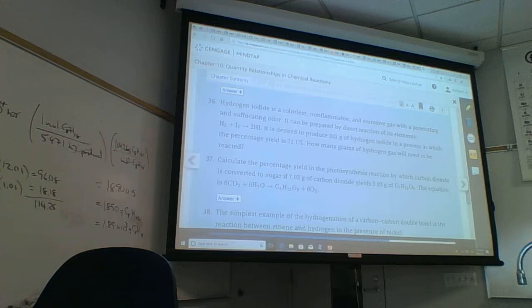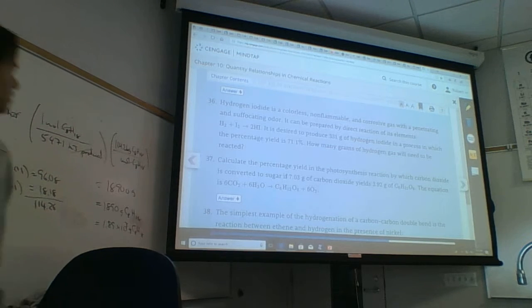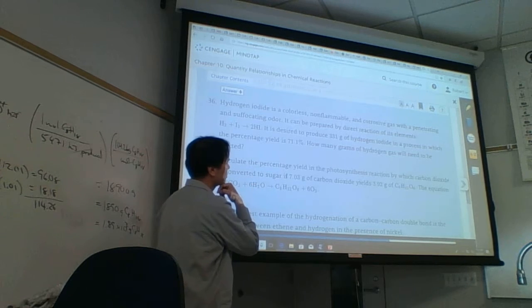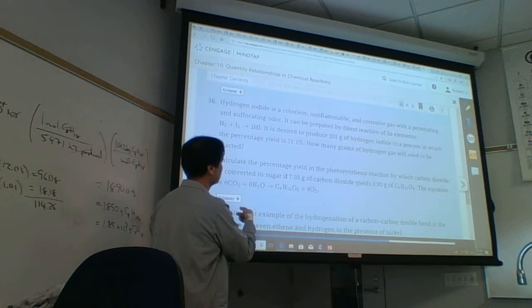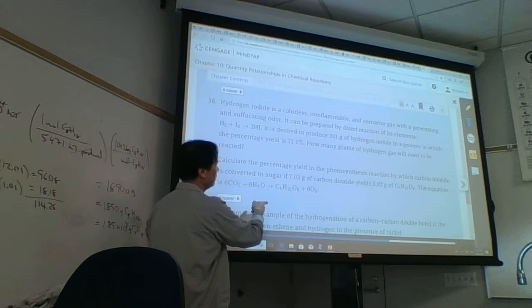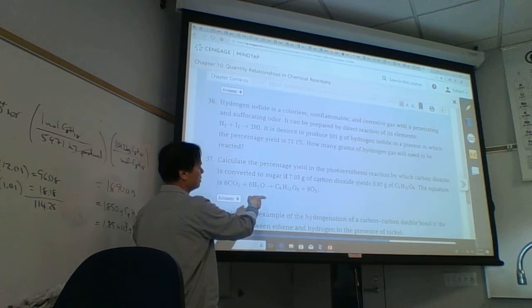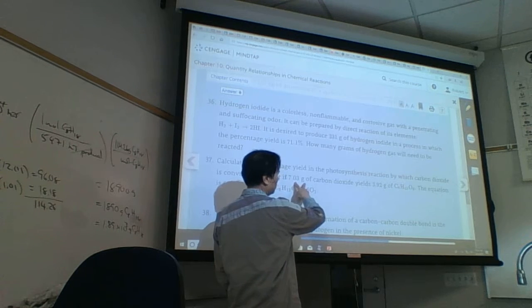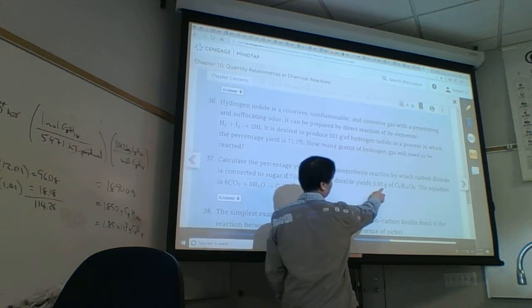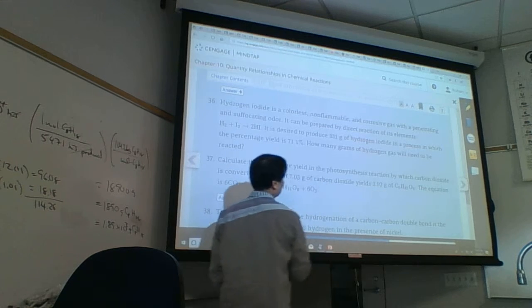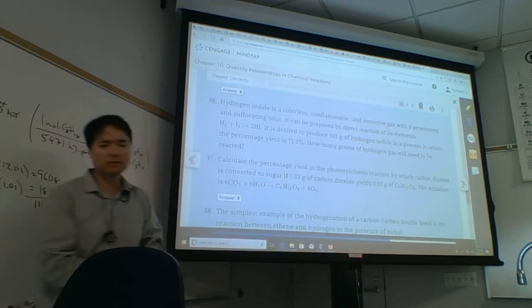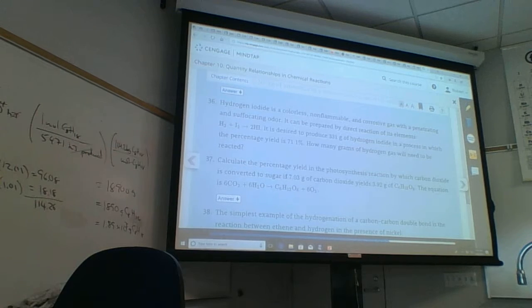Okay, this is going to be a different problem here, so all of those problems are very similar. 37, calculate the percentage yield in the photosynthesis reaction by which carbon dioxide is converted to sugar if 7.03 grams of carbon dioxide yields 3.92. So this is what we're starting with. This is going to be the actual yield of sugar. And so we have to calculate the theoretical yield. So number 37 is just the same as the previous problems up higher.